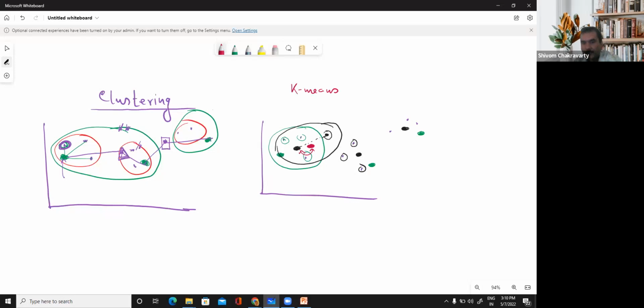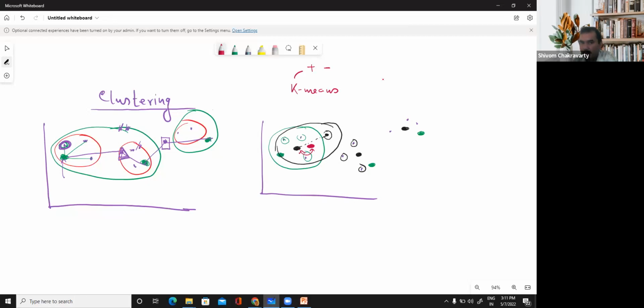If the number of means, in this case we have chosen three, is correct, then these centroids will eventually stabilize. They will not move any further after a couple of rounds of these calculations. If they keep moving, then we will either increase the k or decrease the k and do all this calculation of cluster formulation.